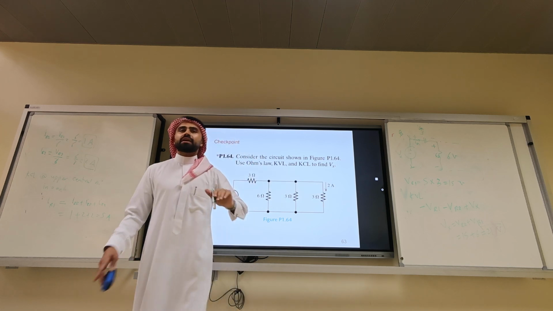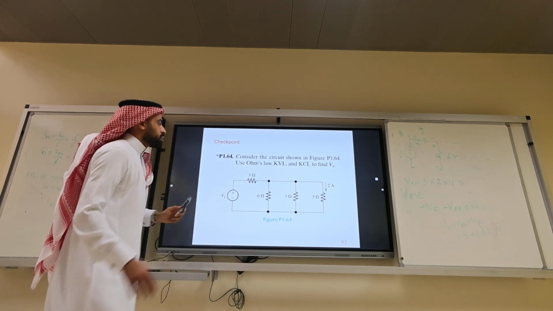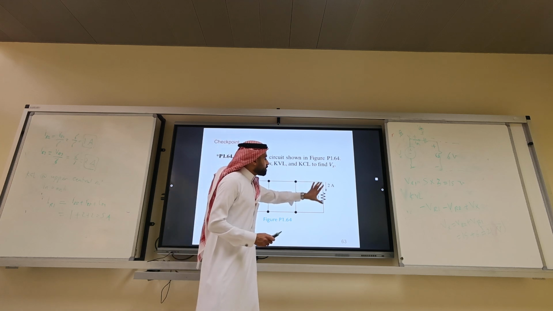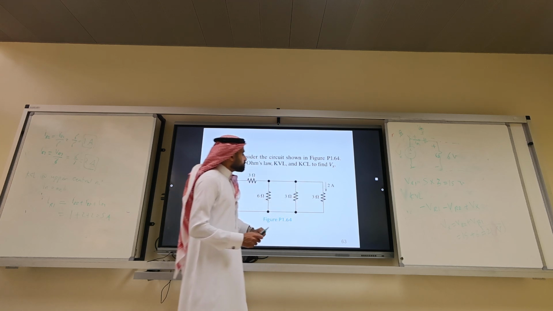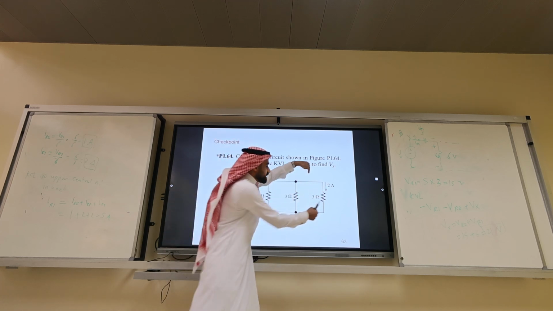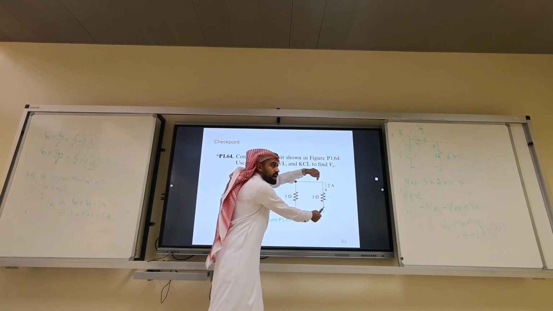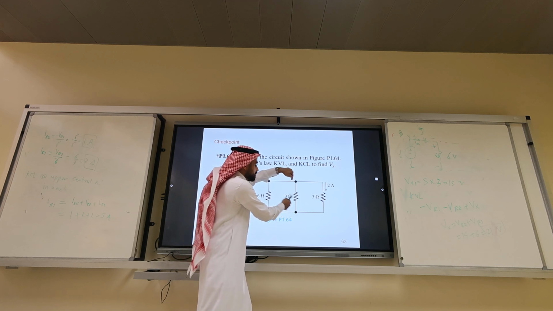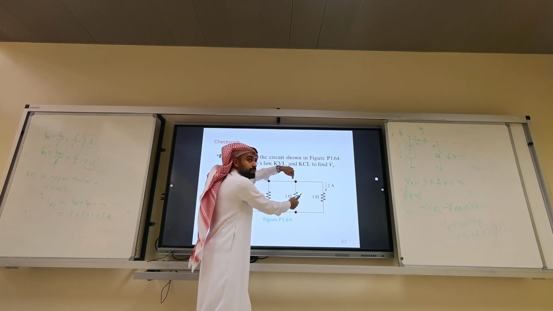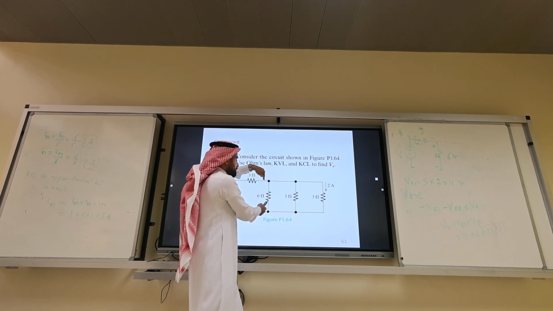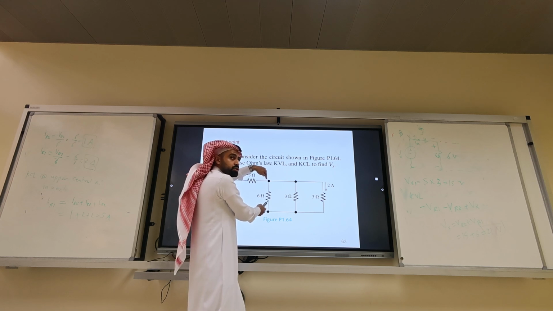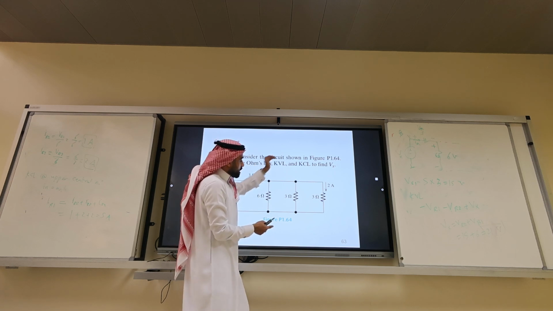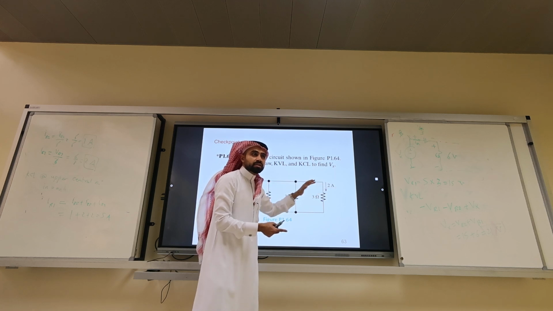Let me repeat in a nutshell how to solve this problem. We already have 2 amps here. 2 times 3 is 6 volts. No negative sign. That's 6 volts, that's 6 volts. The current here is 2 amps. The current here is 6 divided by 6, which is 1 amp. 1 plus 2 plus 2 is 5.